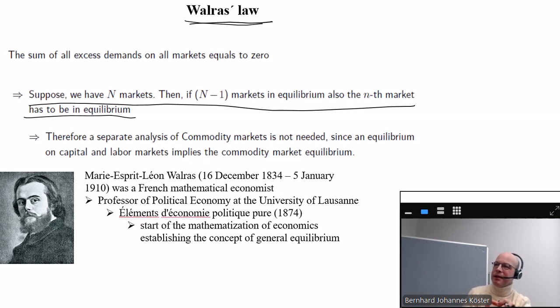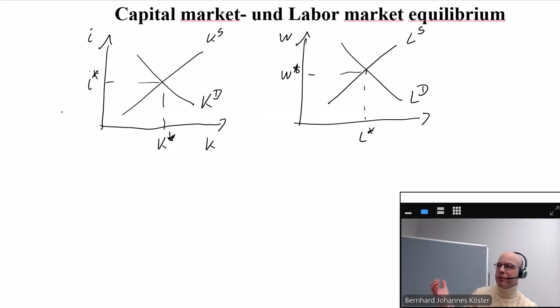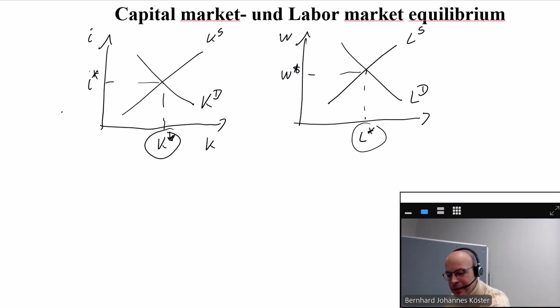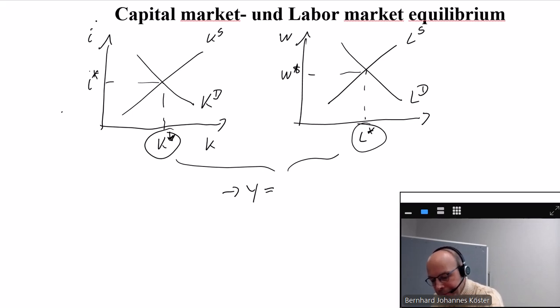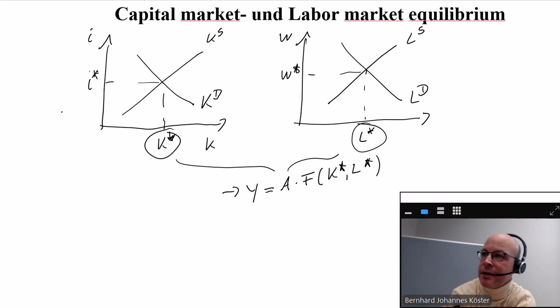And if we know from utility maximization and profit maximization the equilibrium levels of capital and labor, then we can feed these two into our production function, Y equals A times F of K star, L star.